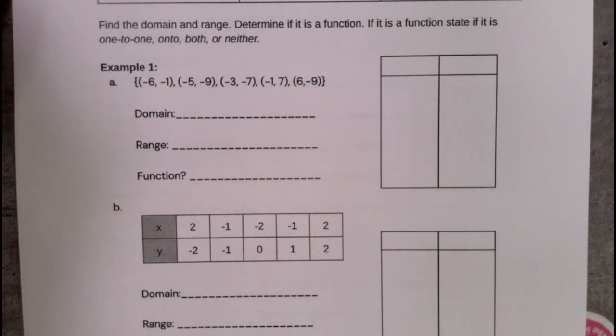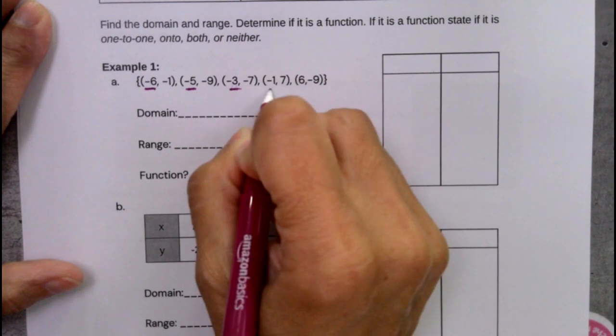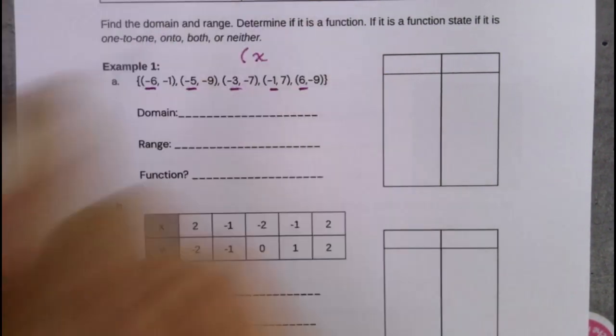So if we look at example 1, if we want to list the domain, how do we list the domain? What are the domains again? We just list all of the x values. Remember our ordered pairs are x and y.